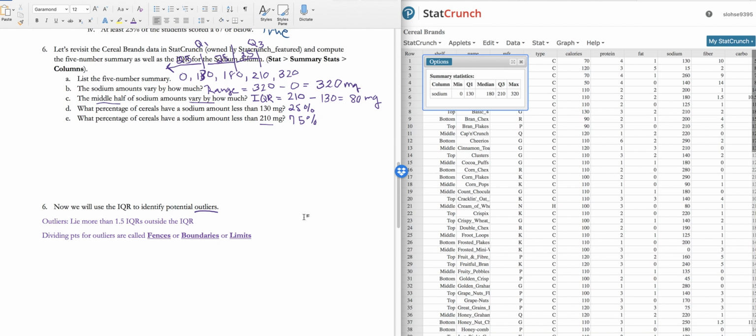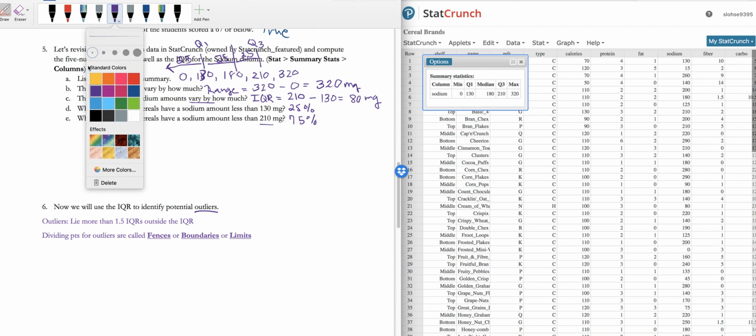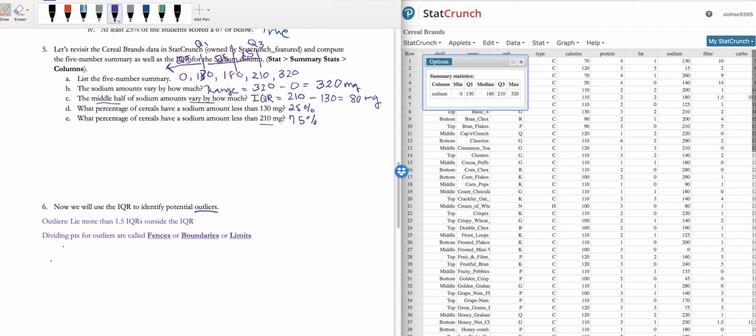To figure out where the outliers are, we will first need to calculate some dividing points for these outliers, which are called fences or boundaries or limits. I'm going to go ahead and call them fences, but it does vary from text to text, from researcher to researcher.